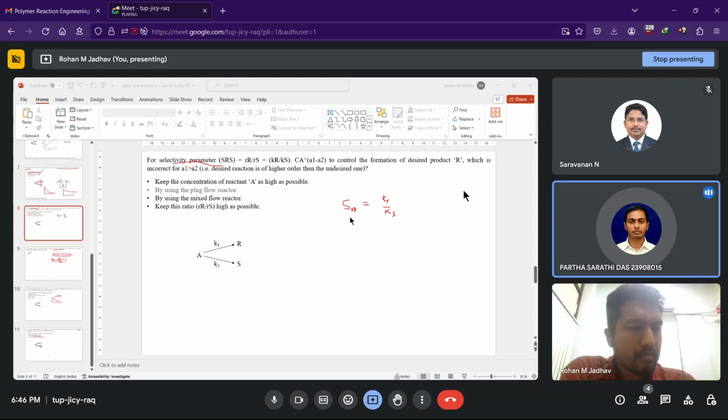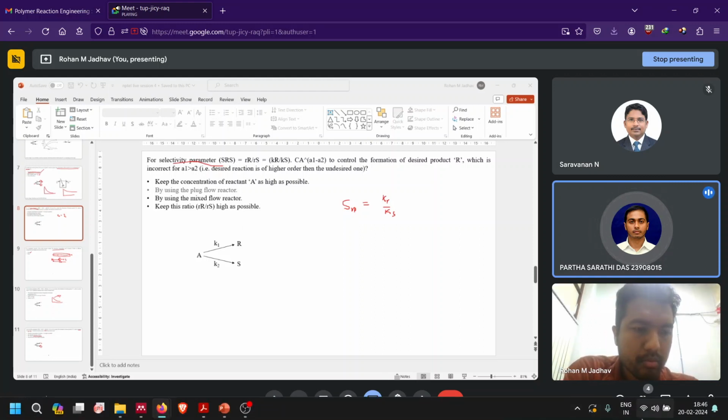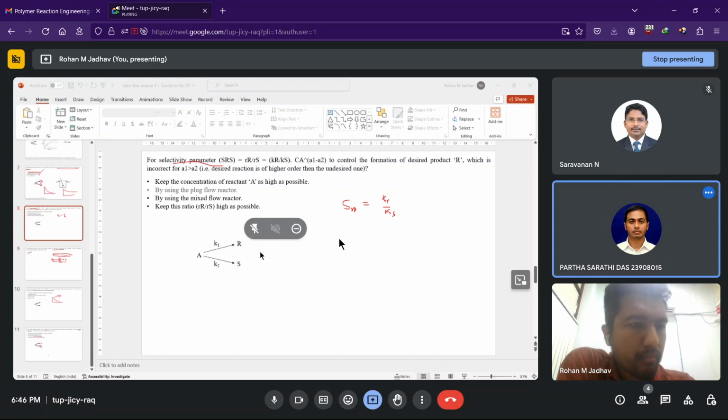Sir, while solving the equations for varying volumetric flow rate for a flow reaction, there is a term CT equals FT by nu.